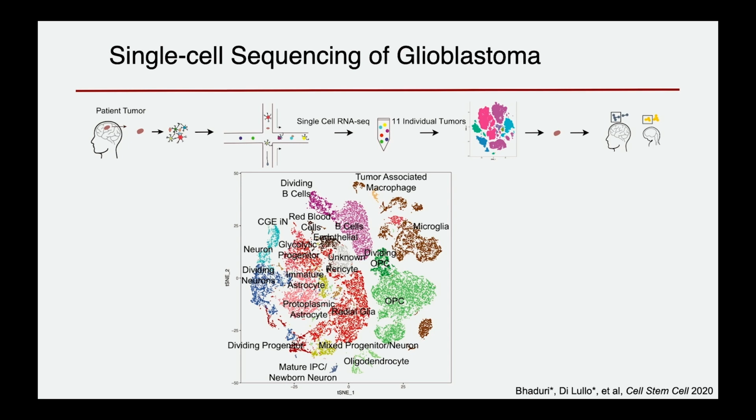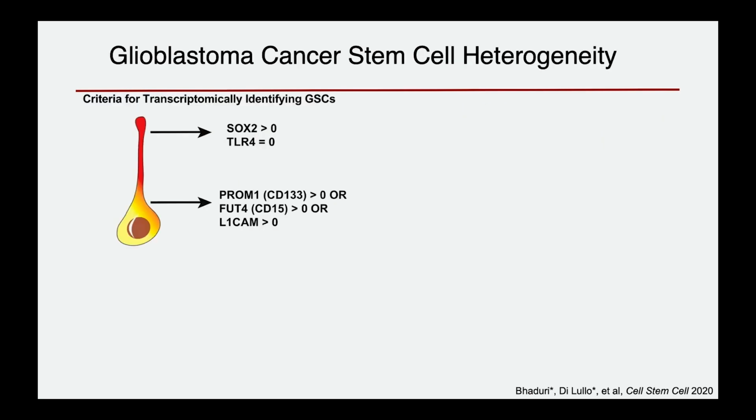Now, glioma stem cells have been a tantalizing and exciting target that have been described, and aspects of it are somewhat controversial, but this idea that there are stem cells that exist in an individual tumor that are driving it forward was something that I was really excited to identify in the data that we had. And I thought, we won't be able to fully define this by just RNA expression because it won't correspond perfectly to the protein expression, but there are a number of genes that have been associated with this cancer stem cell definition.